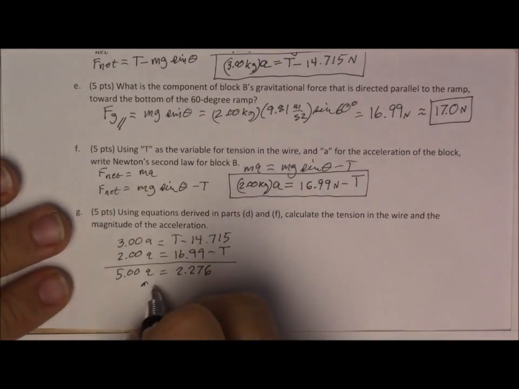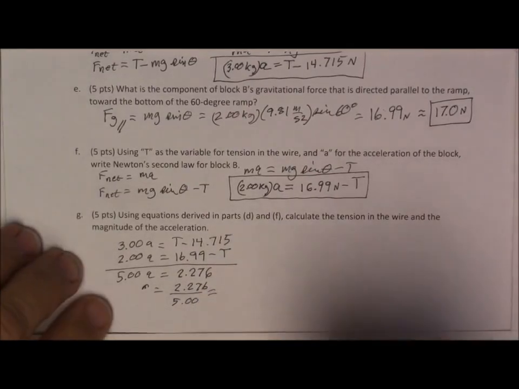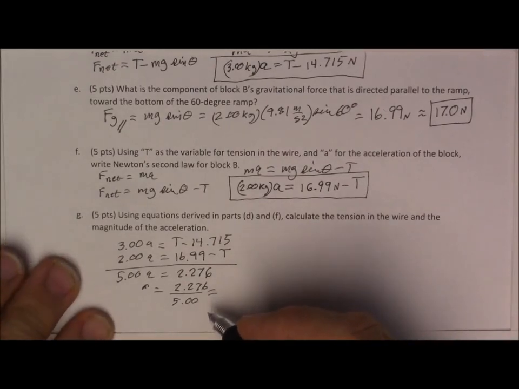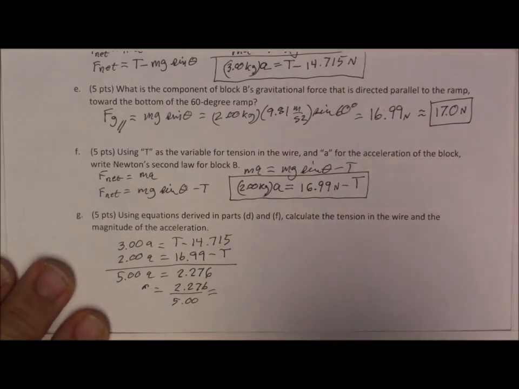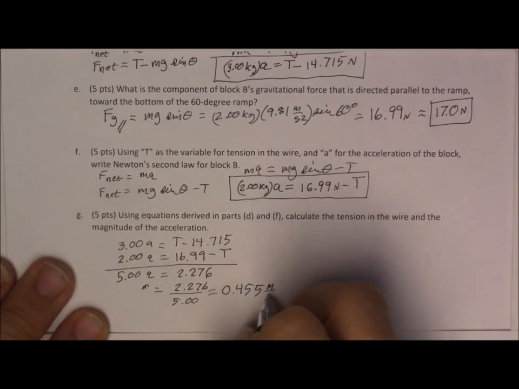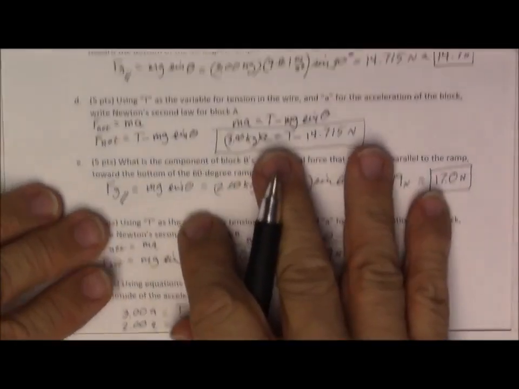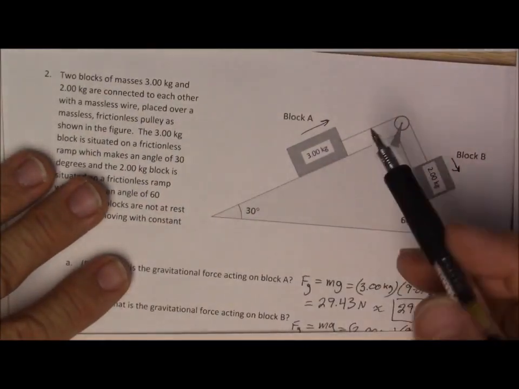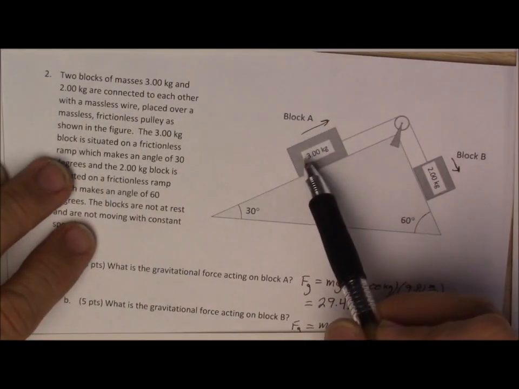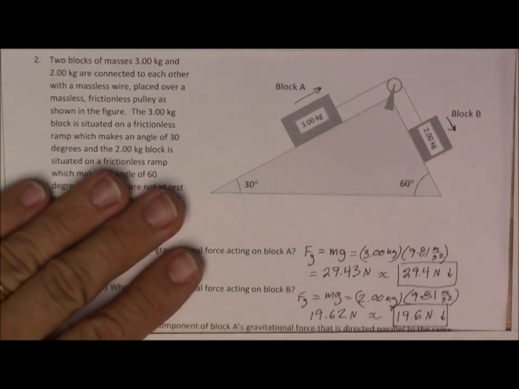A is equal to 2.276 divided by 5.00, which, note, those are positive values. So the acceleration ends up being 0.455 meters per second squared. Since I ended up with a positive acceleration there, that means my assumption of the direction of the acceleration was correct. So indeed, block A does accelerate up the ramp, block B accelerates down the ramp.